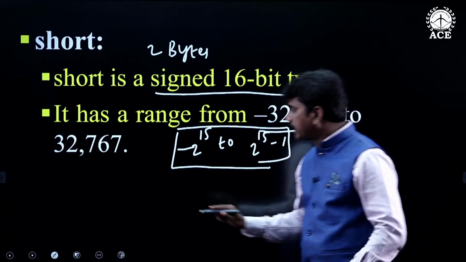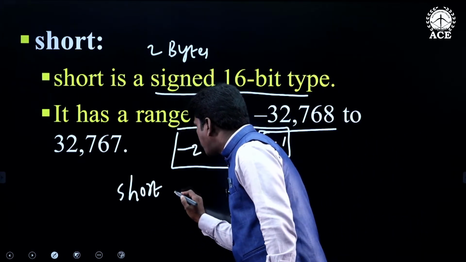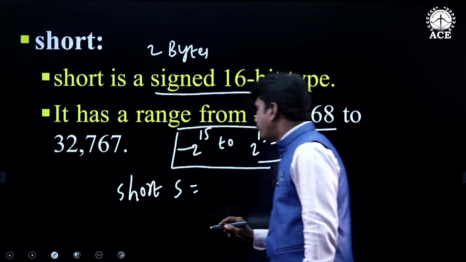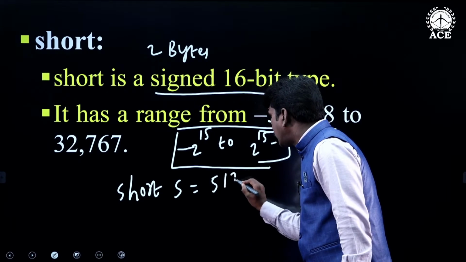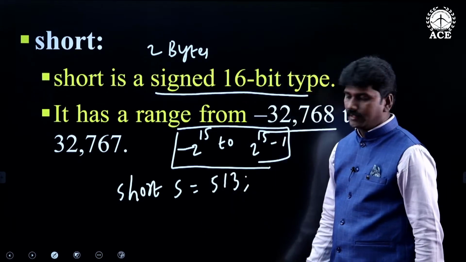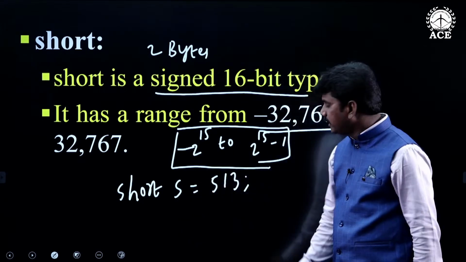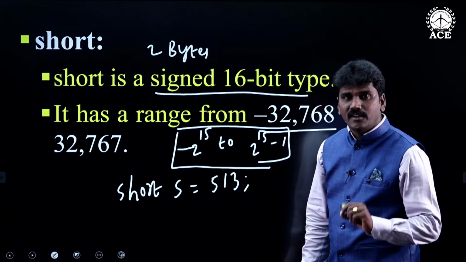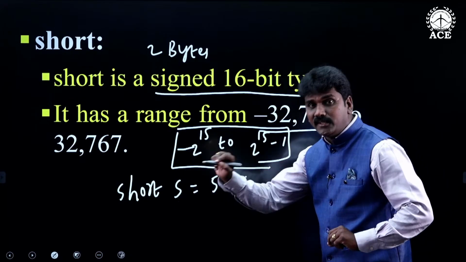So how can we declare a short? short s is equal to some value, for example 513. If I would like to assign short s = 513; is it a valid statement or a valid assignment or not?